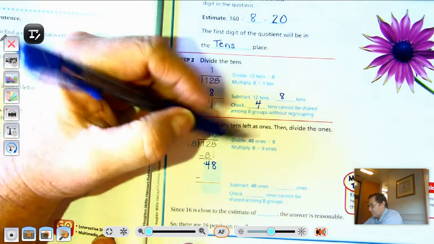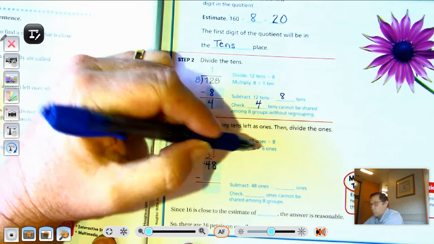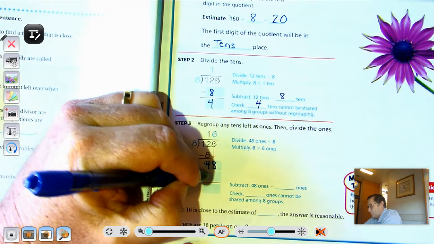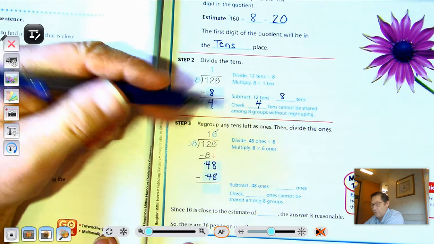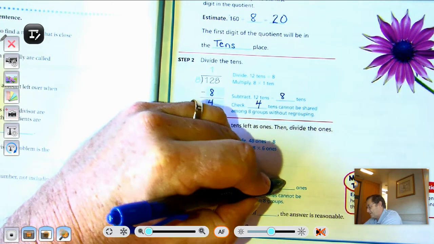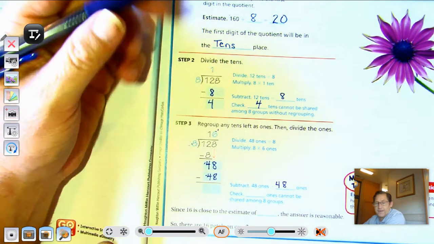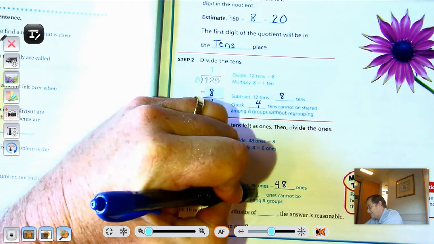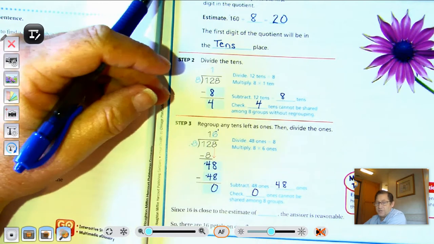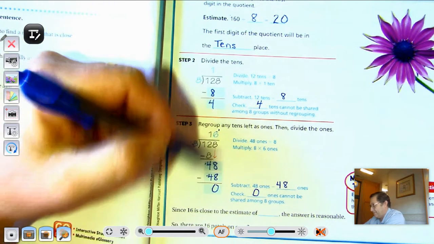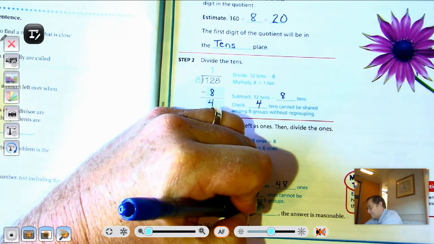So 8 times 6 ones is 48 ones. 8 times 6 is 48. So we're going to subtract 48 ones from 48 ones. That leaves us 0. 0 ones cannot be shared among 8 groups. There's nothing left.